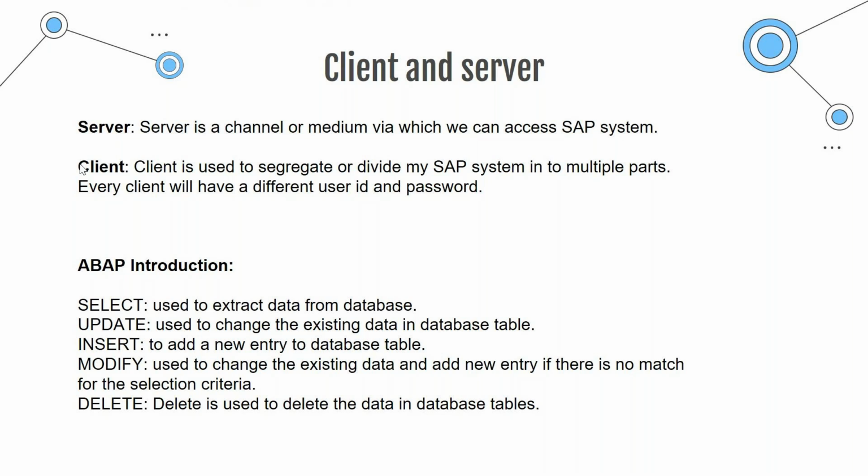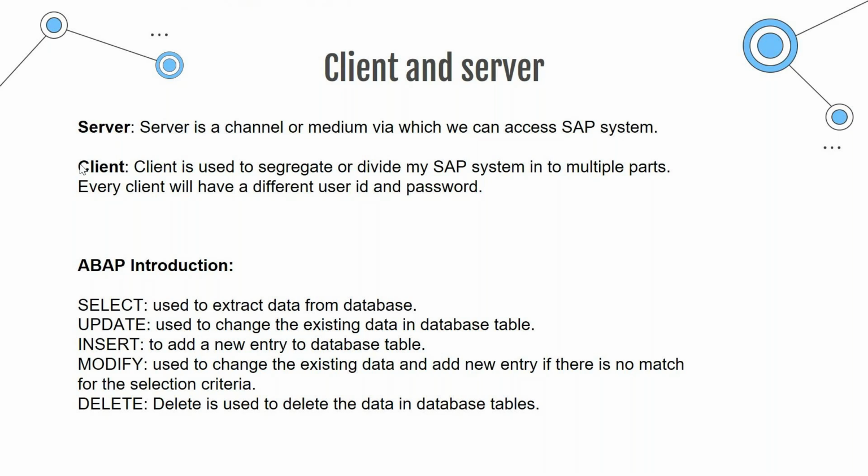Now in this case, because I have to restrict my data, I don't need to create different systems, correct? Because the user ID is same. With one user ID, if I'm logging into the SAP system, then I can easily access any data across the globe, correct?